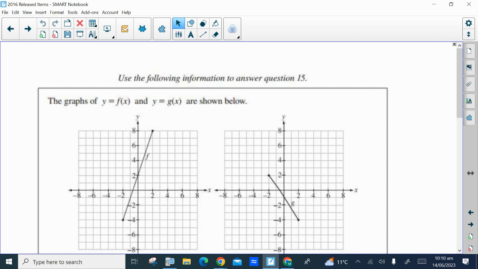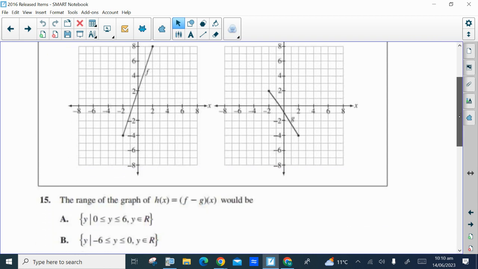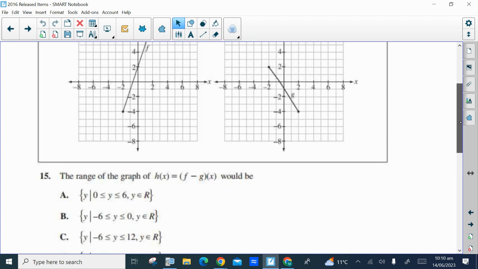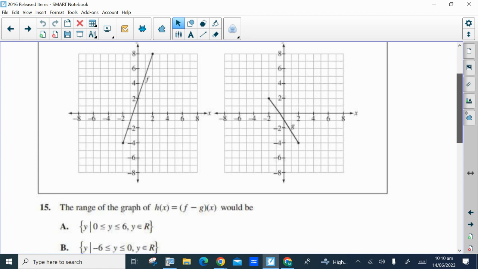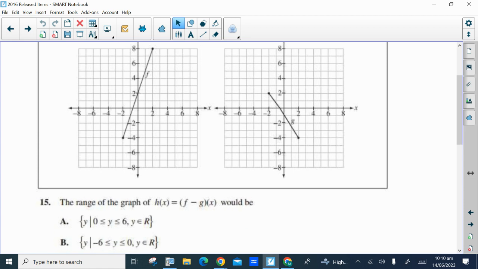So next question. You got the graphs of f and g. The range of h at x, which is f minus g, would be what? So the range are the y values. So we need to know the minimum value of y and the maximum value of y by going f minus g. So the minimum value should be able to be found by taking the minimum value of f.